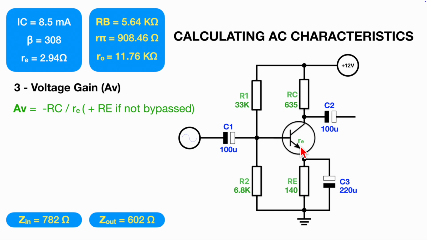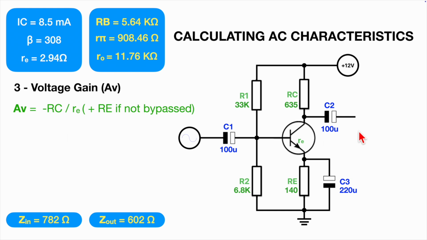But the proper way to do it is to say minus RC, this one, divided by whatever's on the emitter. So that's R sub E, the intrinsic resistance of the base emitter junction, on its own. If this wasn't bypassed, it would be plus RE as well, but as it is bypassed, we don't need to worry about it. It's just minus RC over little re.